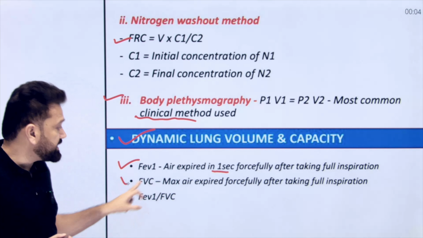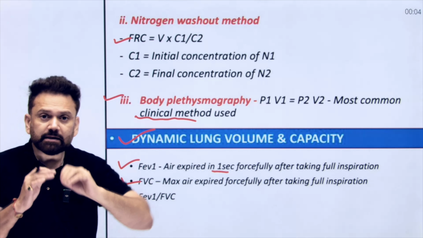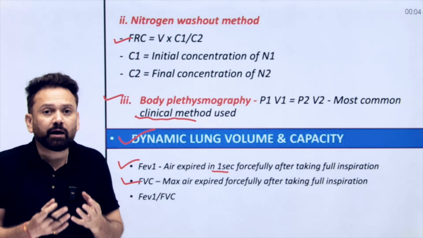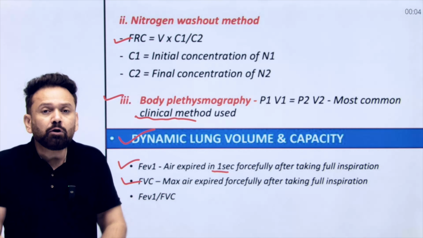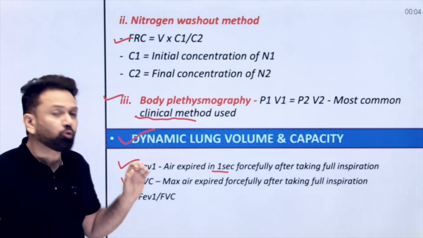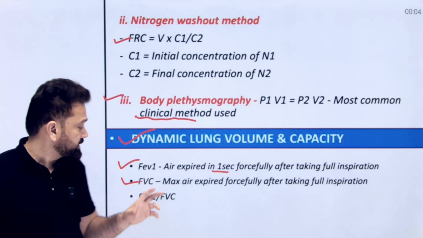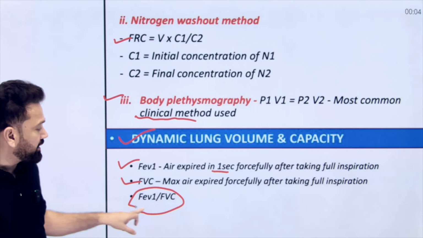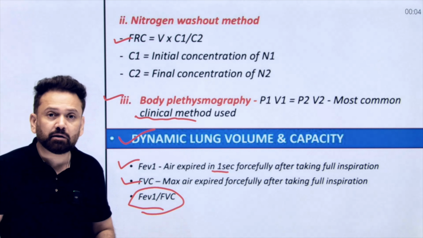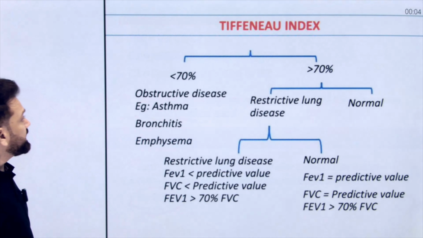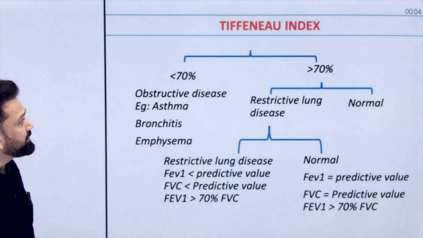What is FVC? It is the maximum amount of air which you can expire after taking full inspiration. So that was only 1 second. This is the total amount of air you can expire. It's called FVC. So FEV1 by FVC is a very important parameter for diagnosing so many disorders, as we will see later on, and that is called the Tiffeneau index.